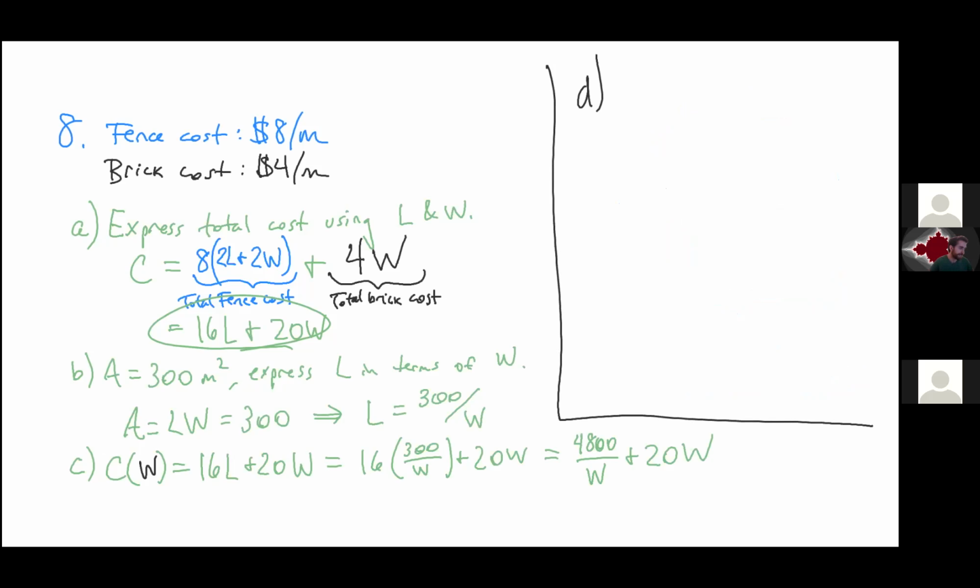Part D says, what should W be so that the cost is smallest? So I'll rephrase it: what value of W minimizes cost? All right, so we already know cost in terms of W is this thing.